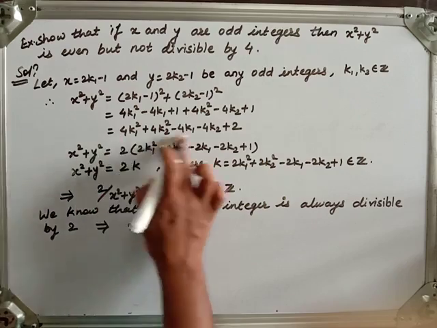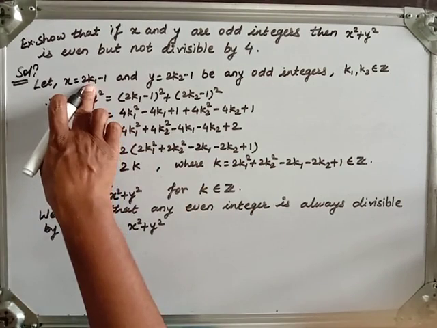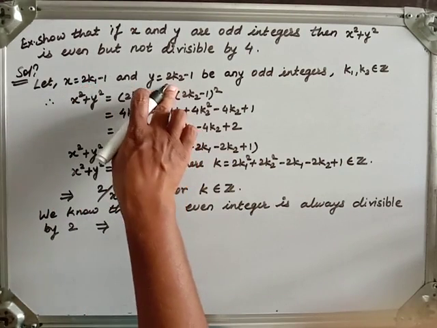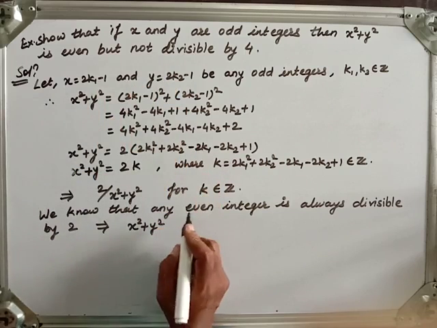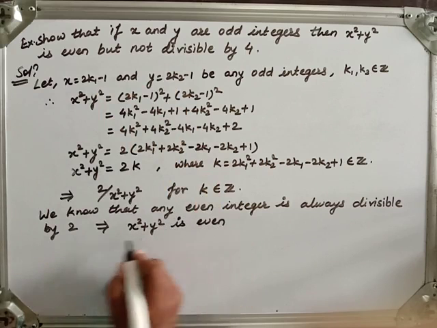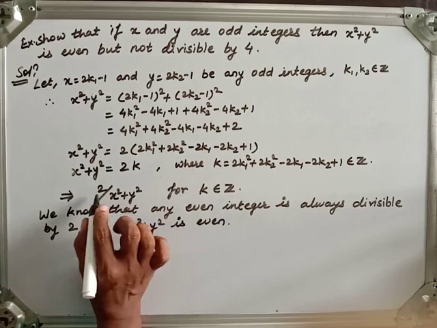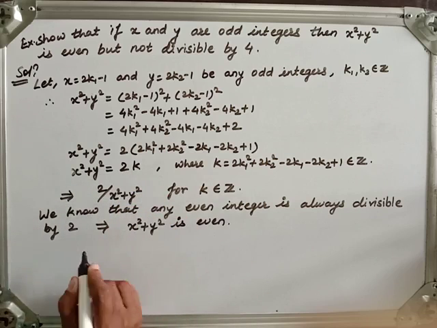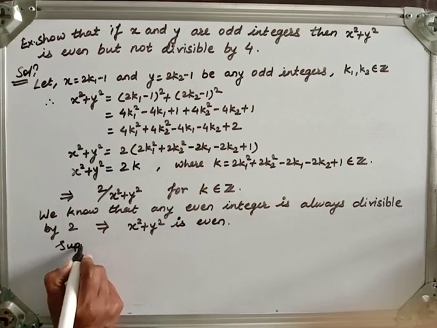If you look at it carefully, the square of an odd integer is odd, and again the square of an odd integer is odd, but their addition will become even. So X square plus Y square is even, that's why 2 divides X square plus Y square.